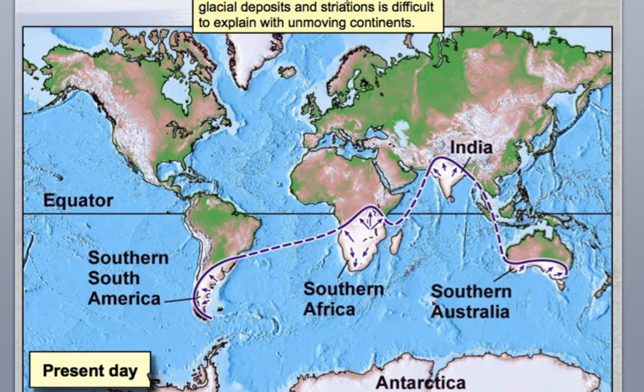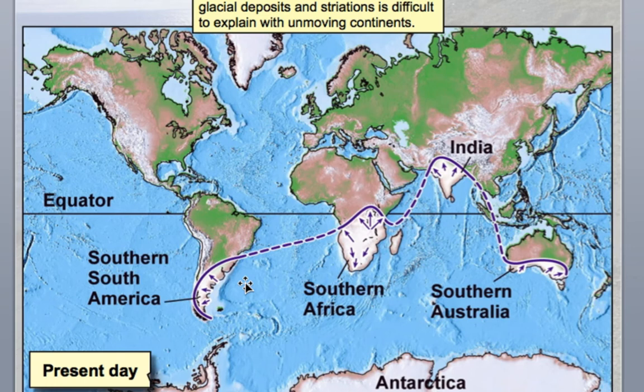The striations in India show that the glacier was moving from the ocean onto land. In Australia, the striations show that the glacier is moving from the ocean to land. Same thing over here with Argentina, right? That's impossible. We know glaciers move from higher elevation to lower elevation. So this is discordant, right?